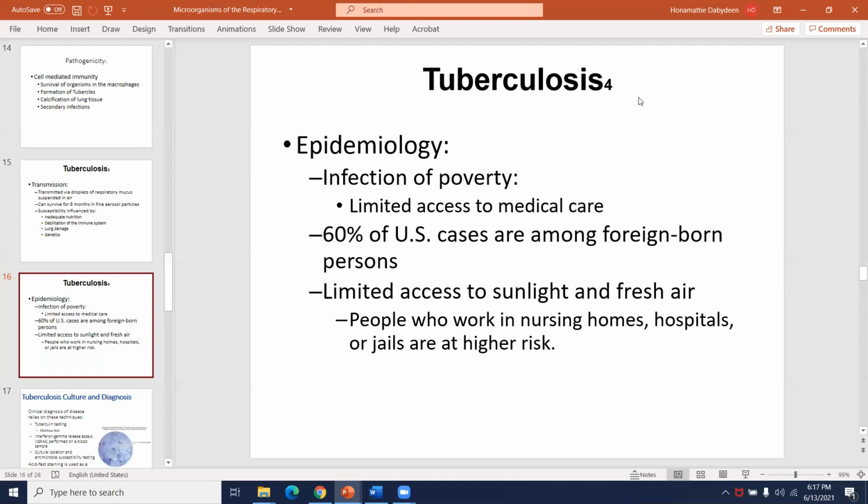They're coming in many times with the disease, or they might have had the disease. Remember what I said about secondary tuberculosis. They might have had the disease and maybe been treated, but remember, they're not completely treated. So it's possible that they get in the United States and then they end up with a reinfection, a resurgence of the disease years later.